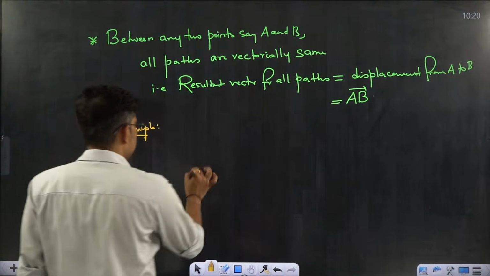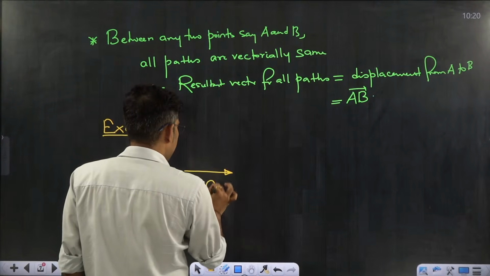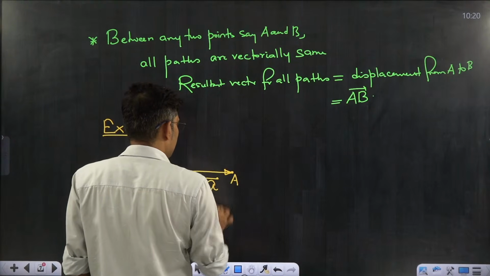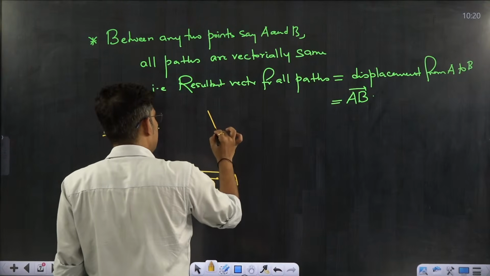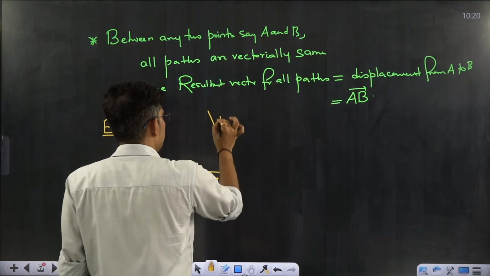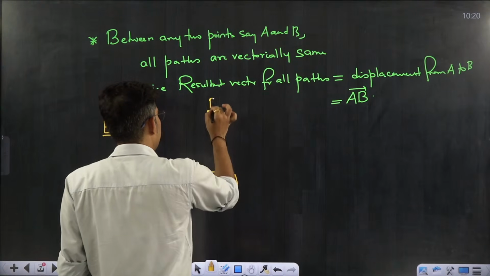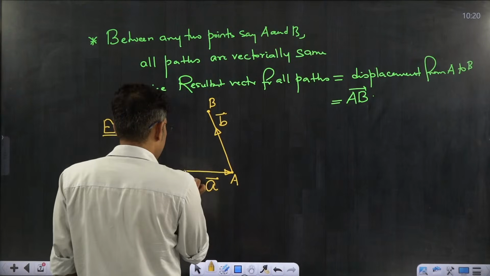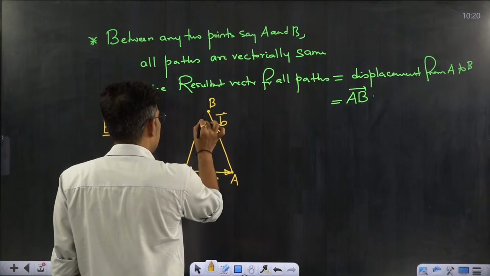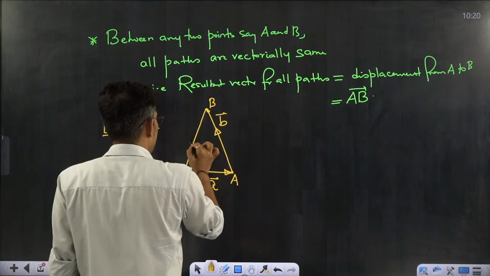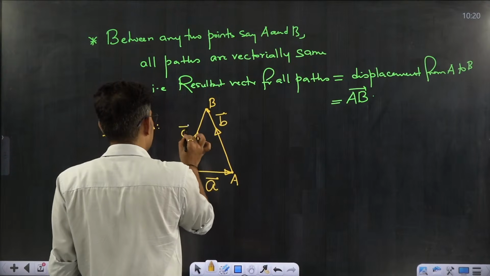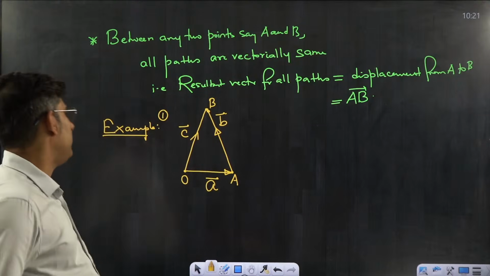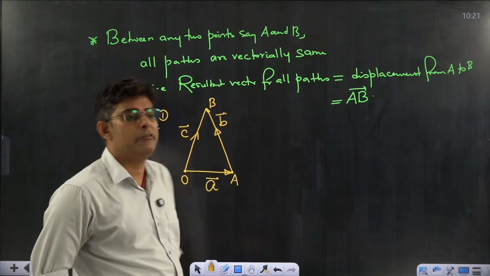Suppose I have this vector, and this is a point A, this is another vector B, and you reach a point B. Now if I join these two and write this as C, suppose you are asked, is there a relation between A, B and C, and is C the vector sum or what?